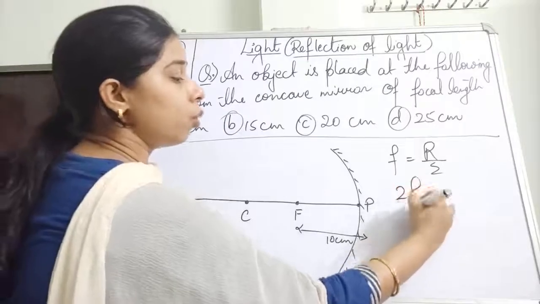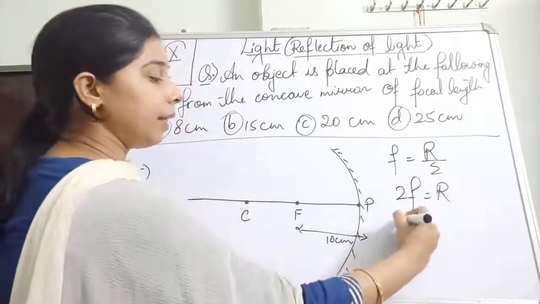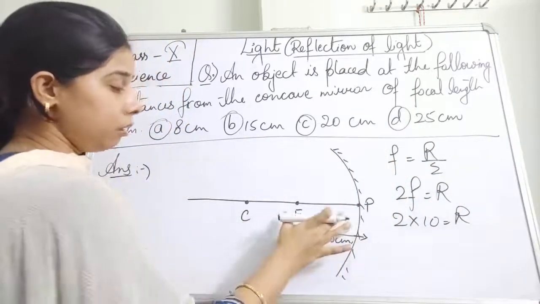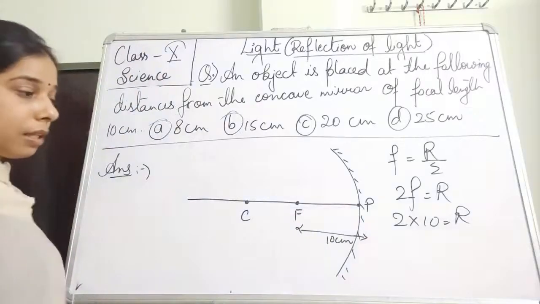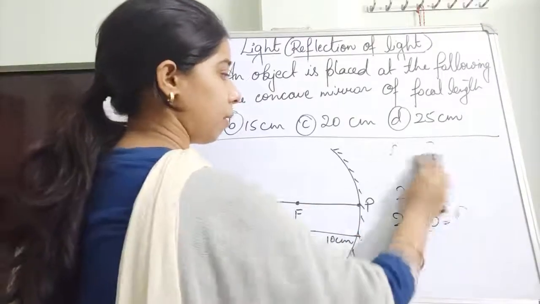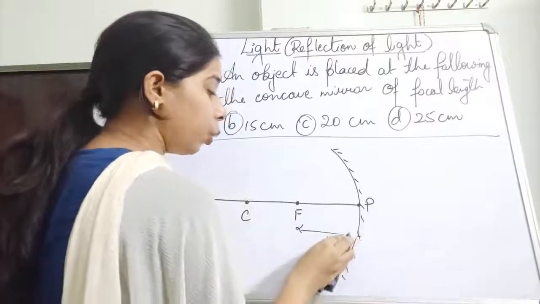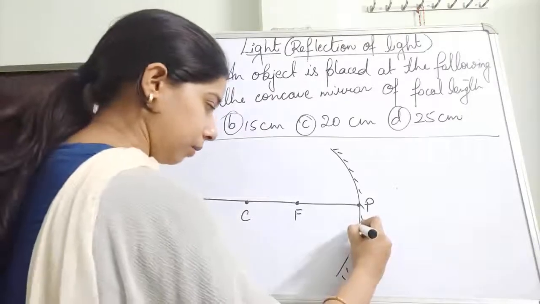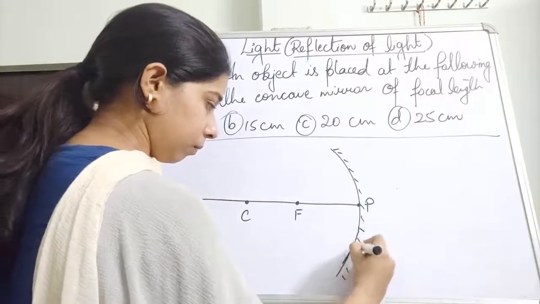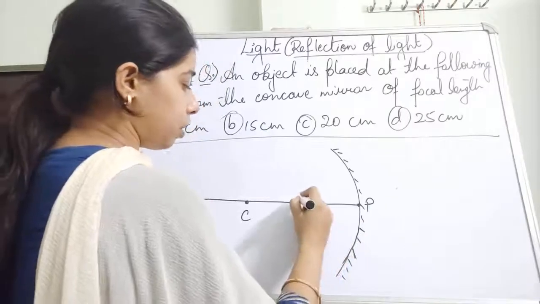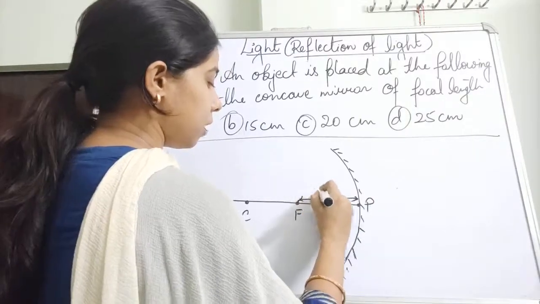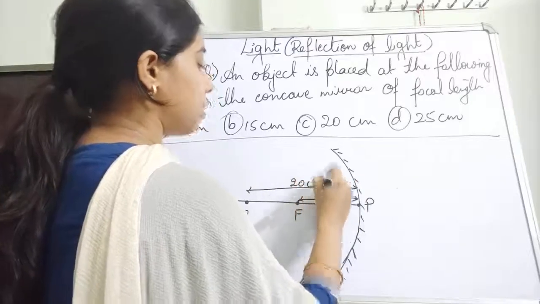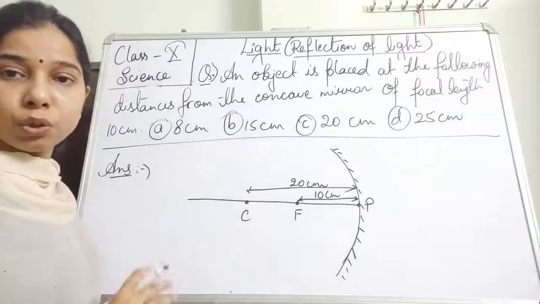So 2f equals r. We write 2 into 10 equals r, so the distance from the center of curvature to the pole will be 20 centimeter. From here to here it is 10 centimeter and from this to this it is 20 centimeter.